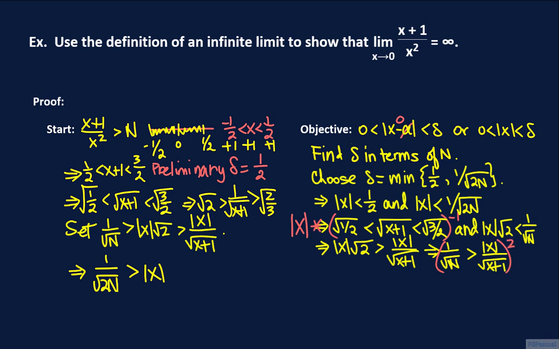We square everything in this last inequality and take reciprocals. We get N is less than (x plus 1) over x squared. This is equivalent to the original N inequality, and so we have shown that the limit as x approaches 0 of (x plus 1) over x squared is infinity.